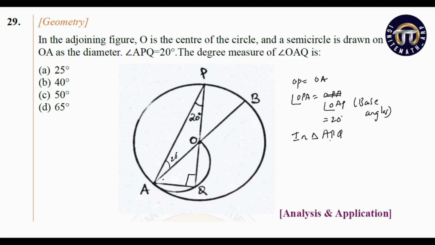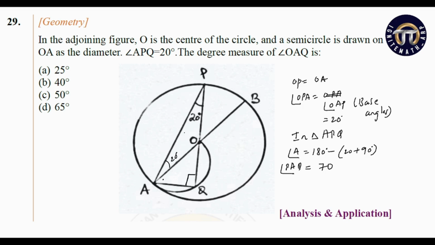So when I talk about the bigger triangle APQ, angle A is equal to 180 minus of 20 plus 90. That is nothing but the angle sum property of a triangle. So angle PAQ is equal to 70 degree.